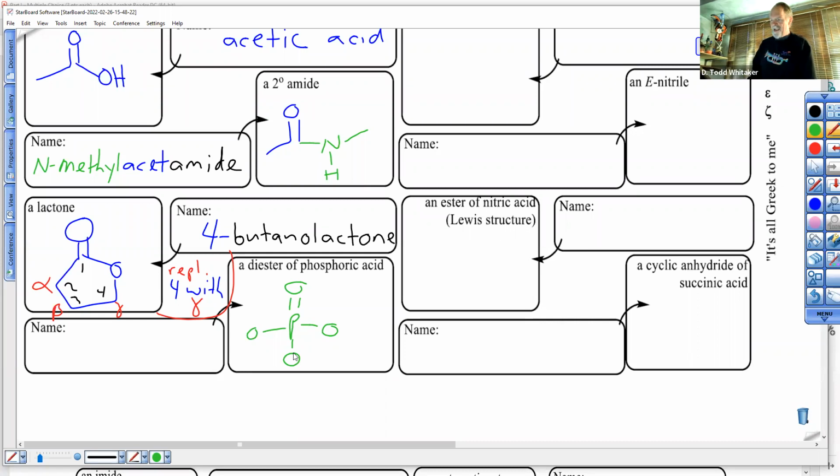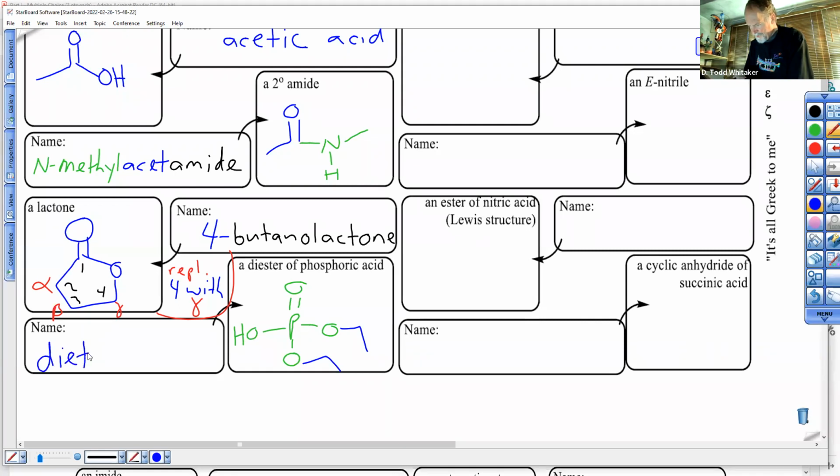Now, what do you think diester means? Well, it's got 2 esters. That's what it means. That means it needs 2 R groups instead of hydrogens. And that O, I will accept either O minus for the other O or OH. If you do the H, then all you have to say is diethyl phosphate. That's how you name esters.